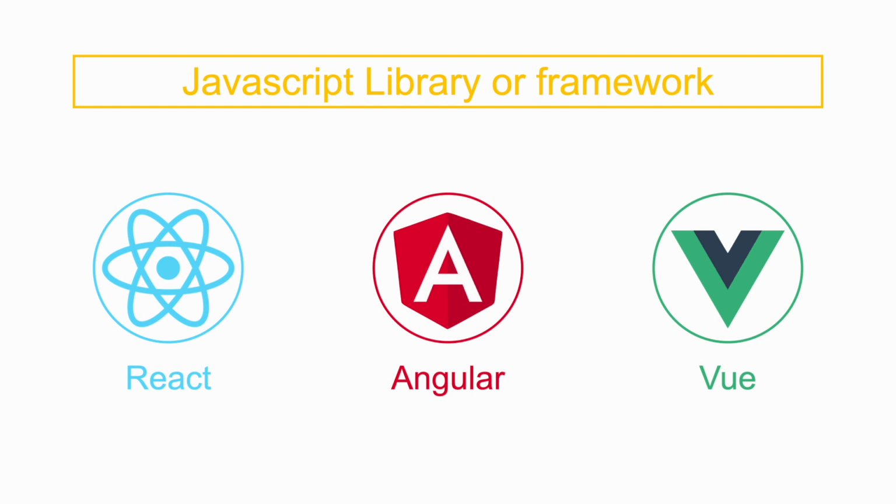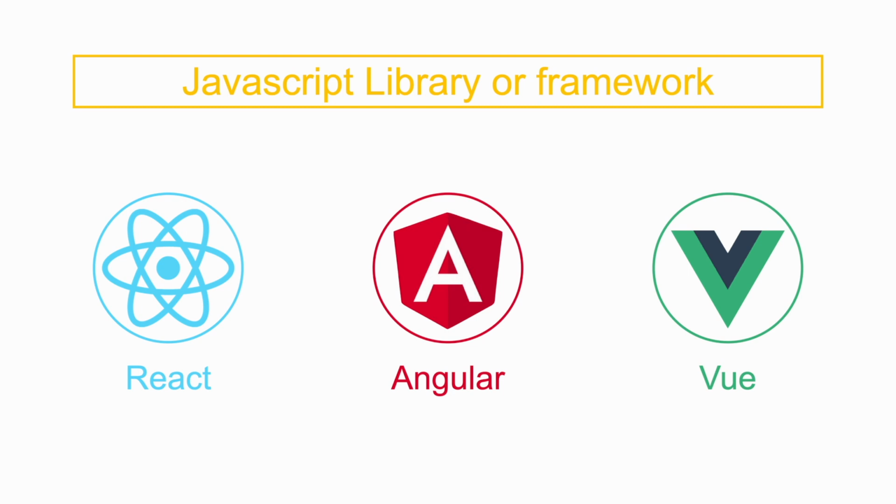React is a JavaScript library, whereas Angular and Vue are JavaScript frameworks, which makes React much more customizable and flexible. Thus, we recommend you to learn React, and we will be more focused on it on this channel. But at a later point of time, we'll also be covering Angular and Vue in depth.